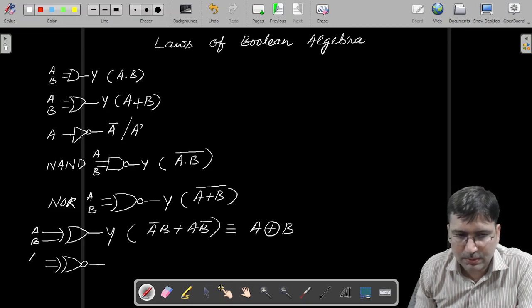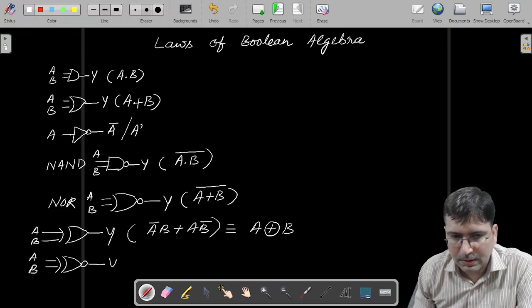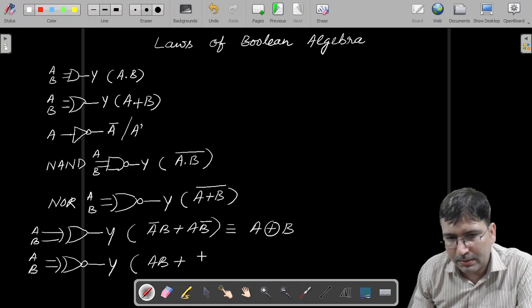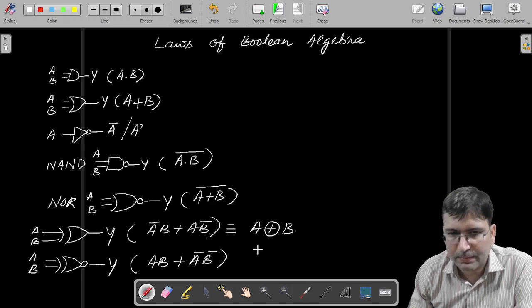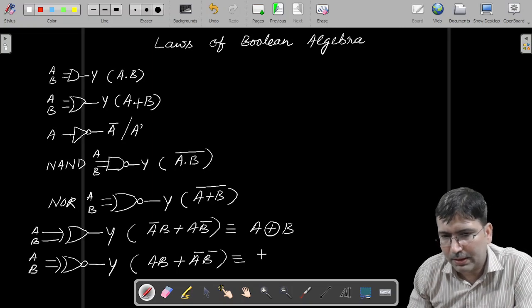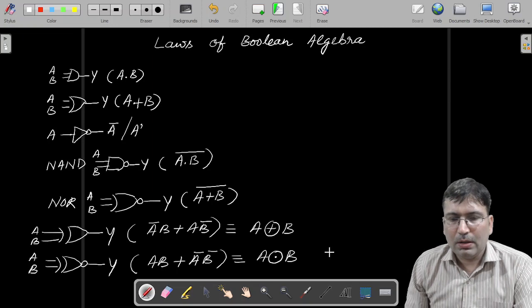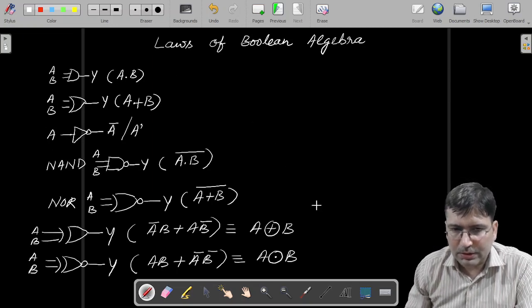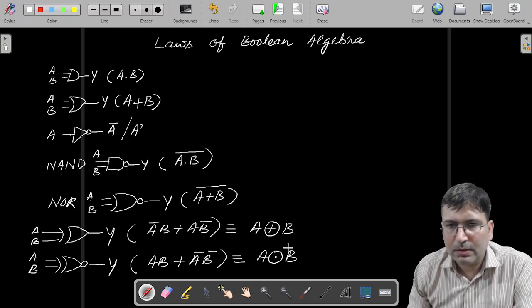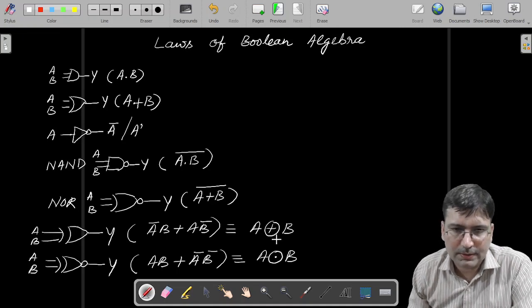We just put a bubble, and let's say if Y is the output of this XNOR gate, it will be represented like AB plus A bar B bar, or we can write it with the XNOR dot symbol. So these are the representations and the Boolean functions of these.